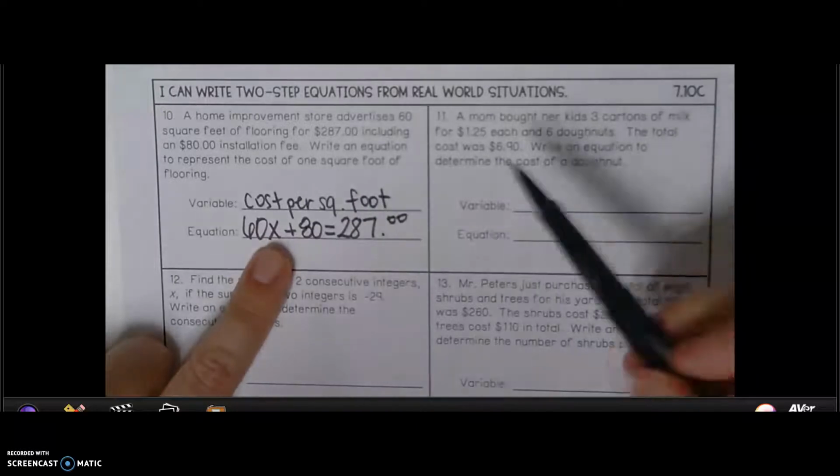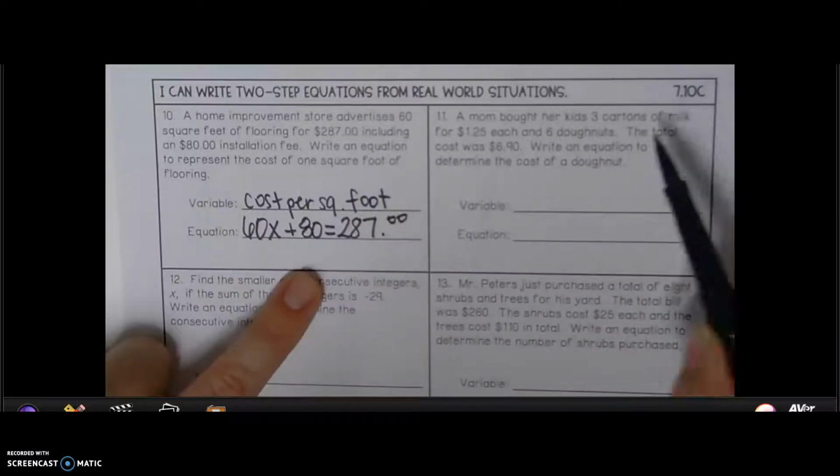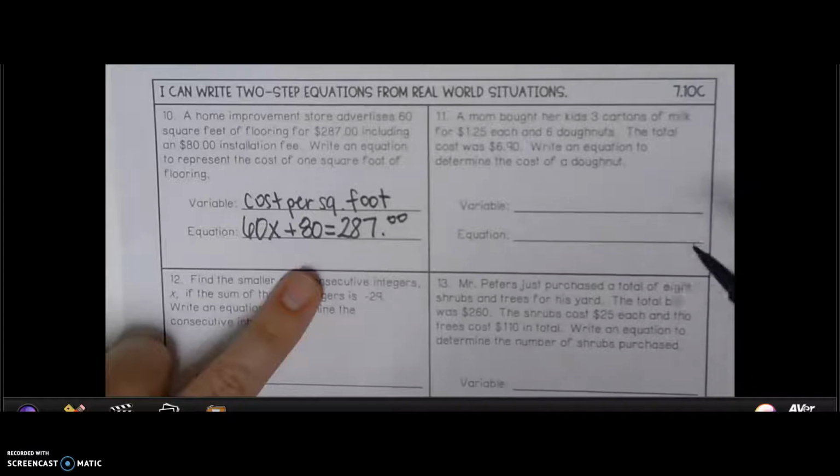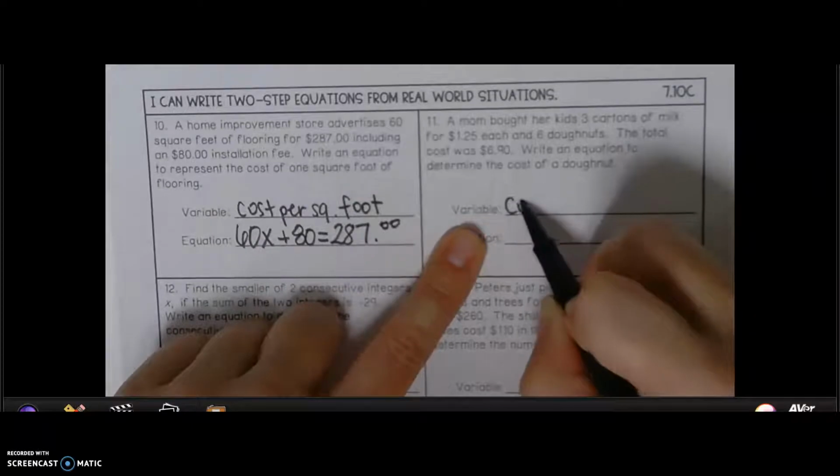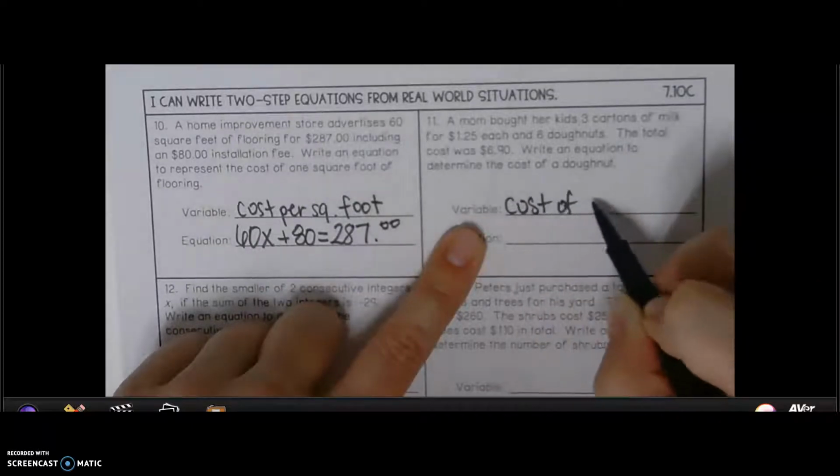Okay. A mom bought her kids 3 cartons of milk for $1.25 each and 6 donuts. The total cost was $6.90. Write an equation to determine the cost of the donut. So the variable that we're solving for is the cost of a donut.